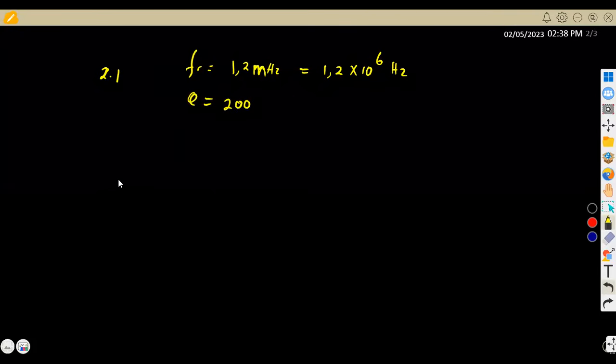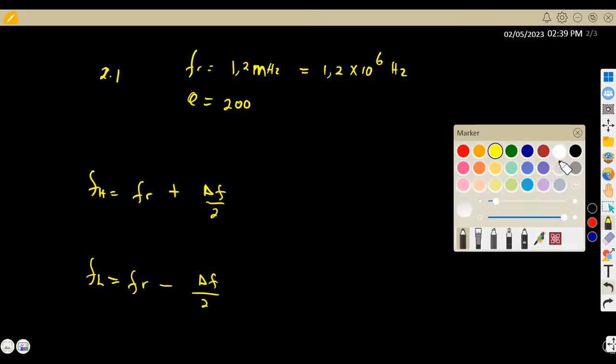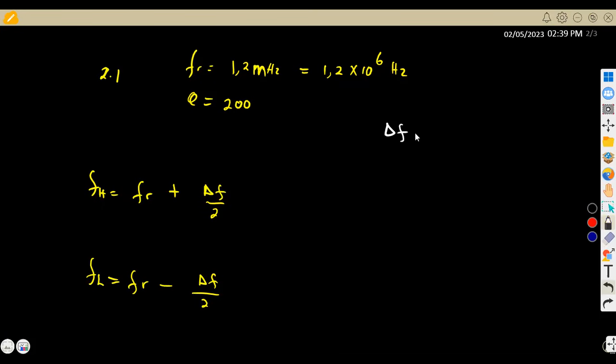So the edge frequencies, we are referring to FH and FL, which can be taken from this formula. FH is equivalent to the resonant frequency plus the bandwidth over 2. So this is actually equivalent to the bandwidth. If it is FL, you subtract this time. So that's FR minus the bandwidth over 2. So this is like I was indicating that here, this indicates or is equivalent to the bandwidth, okay?